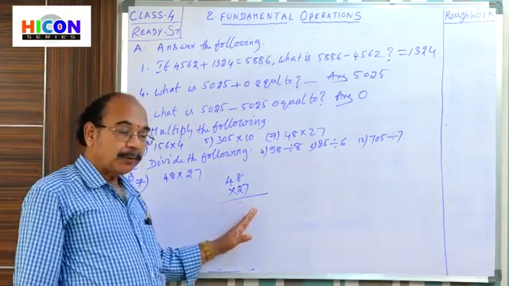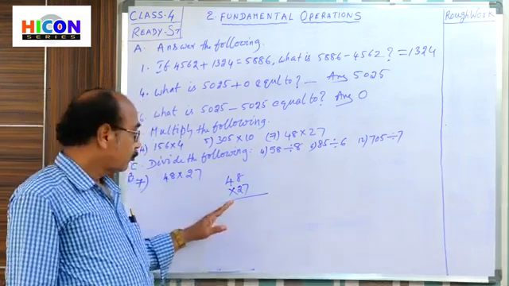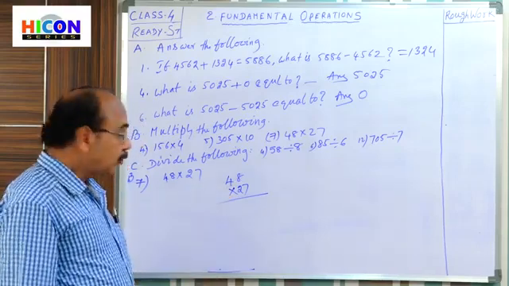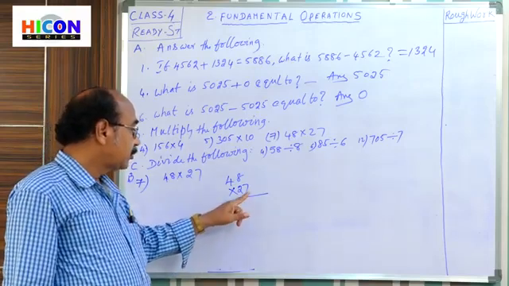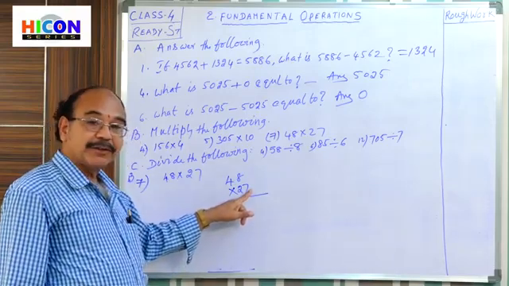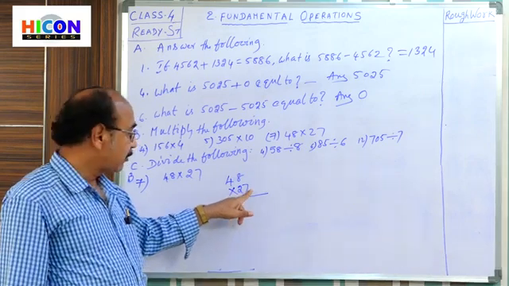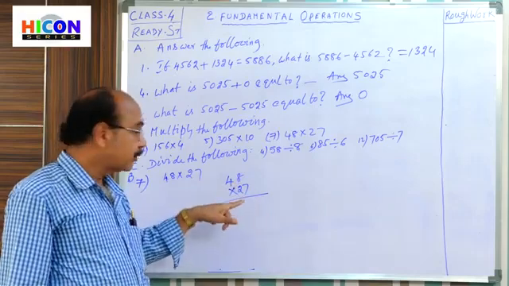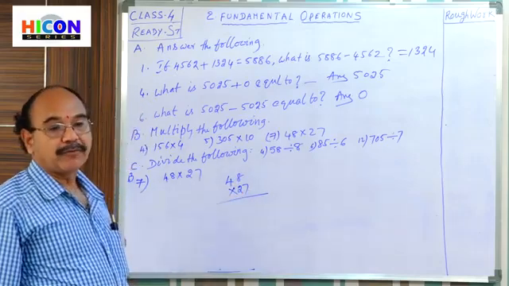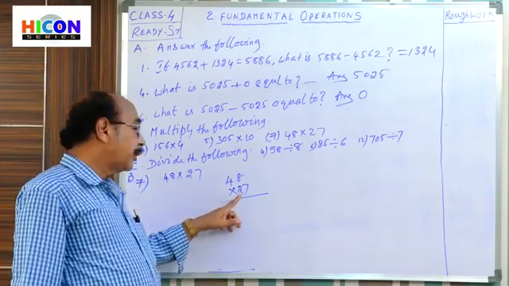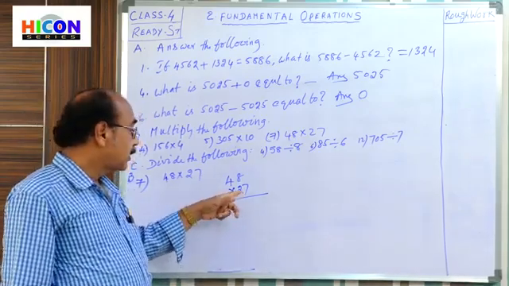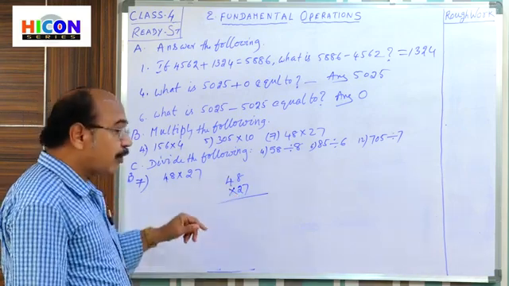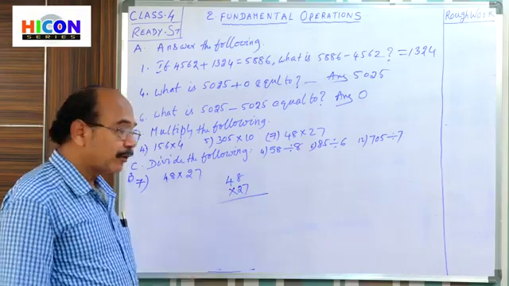How should we multiply? First, multiply with 7, the unit digit. Multiply 48 with 7. After that, we multiply with the tens digit, that means 2. So first of all, multiply 48 with 7.